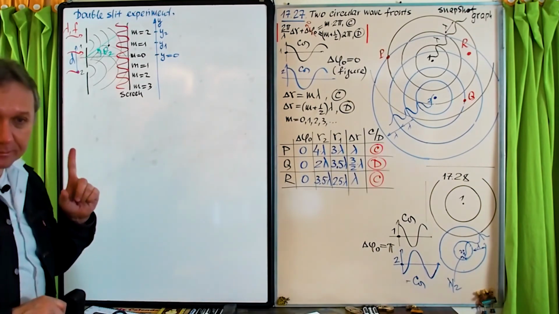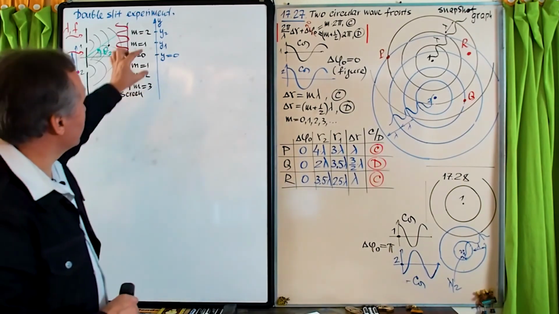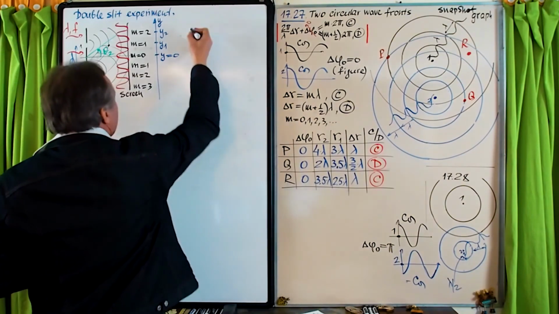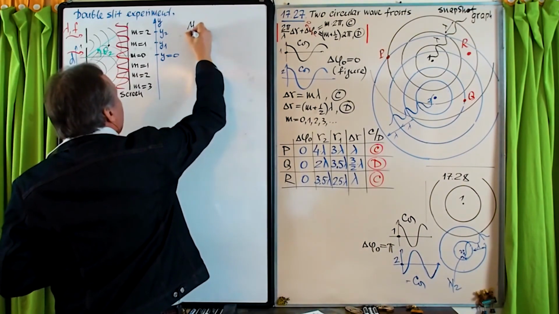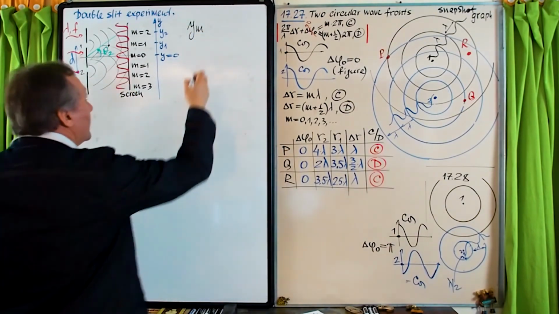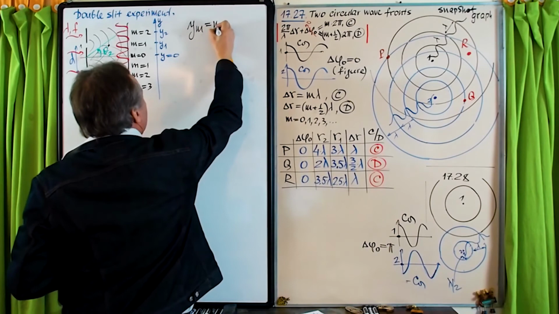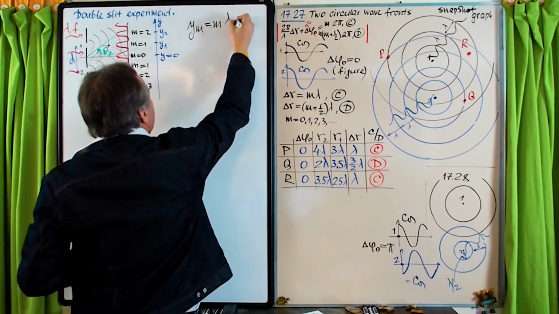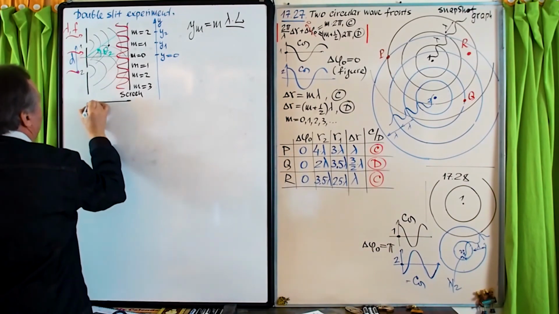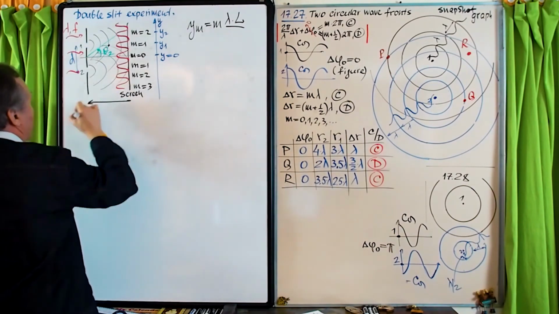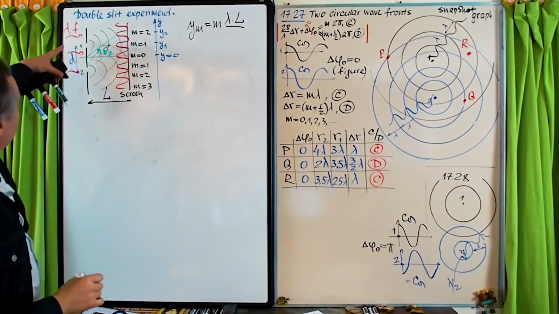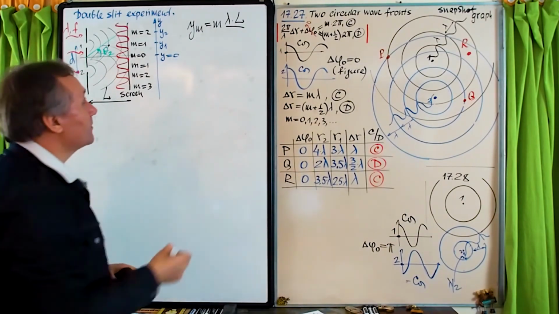And we derived these distances in the lecture. Those distances, y sub m, where m can be 0, 1, 2, and so on, equal m times wavelength lambda times L over d. L is the distance from the double slit to the screen, and d is the distance between the slits.